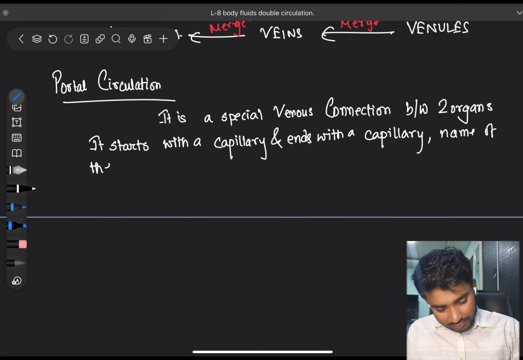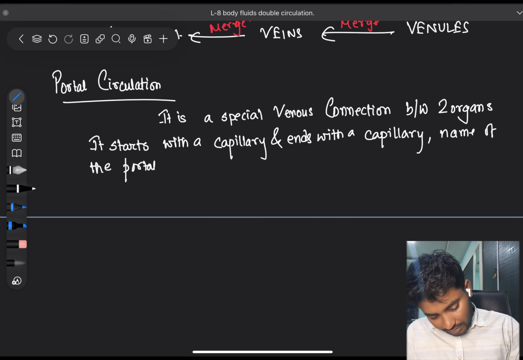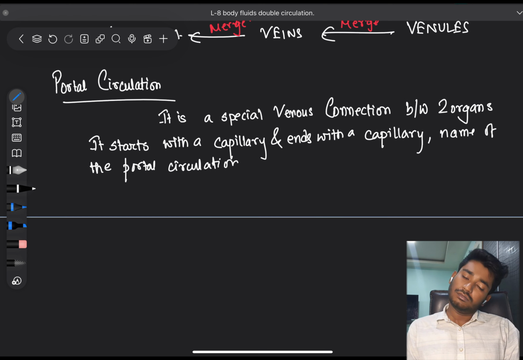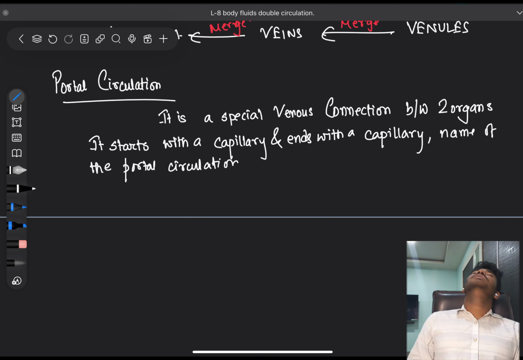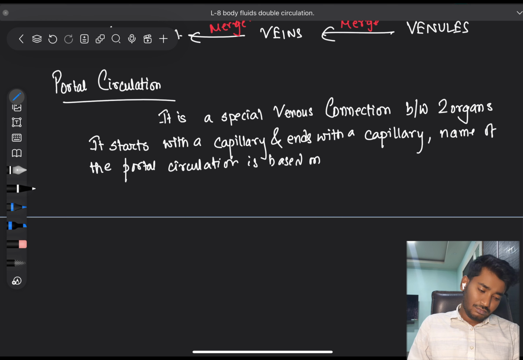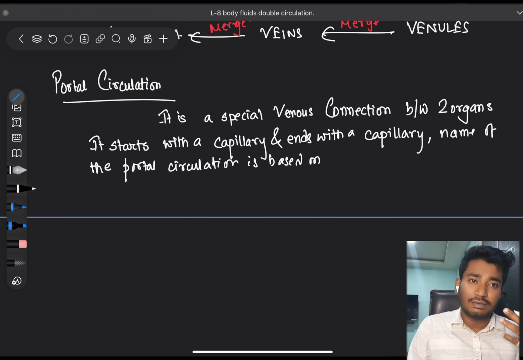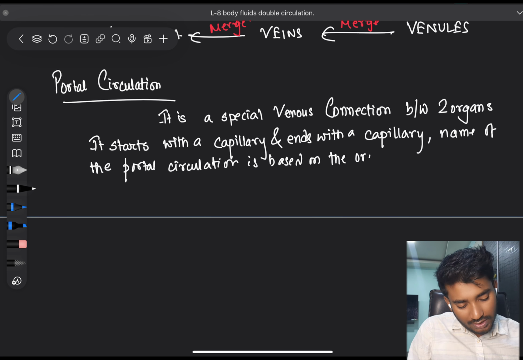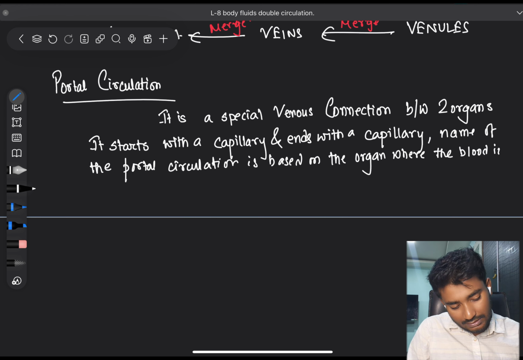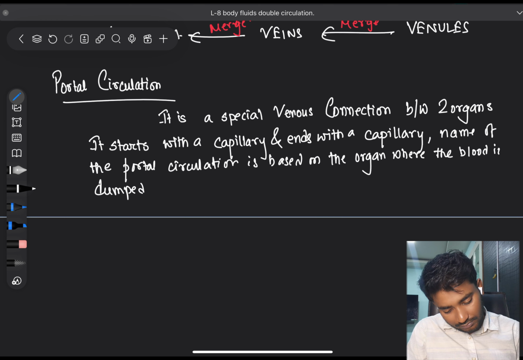The name of the portal circulation is based on the organ where the blood is dumped or ported.